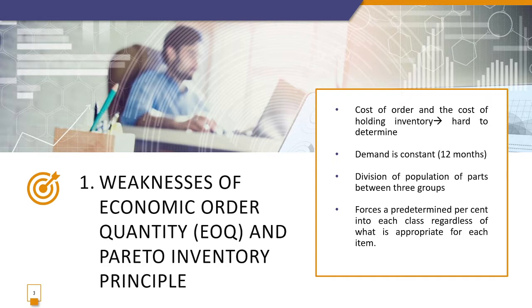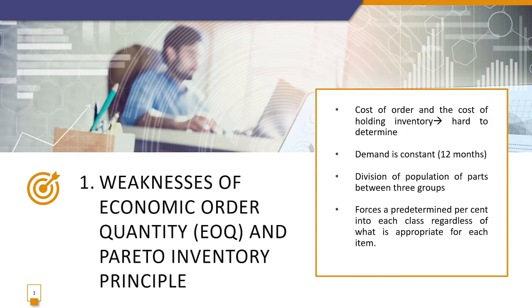Let's start with the first section: weaknesses of economic order quantity and the Pareto inventory principle. One of the disadvantages of EOQ is that we need to know the cost of order and the cost of holding inventory, which can be very hard to determine in some cases, and it relies on the assumption that the demand is constant over a period of 12 months.